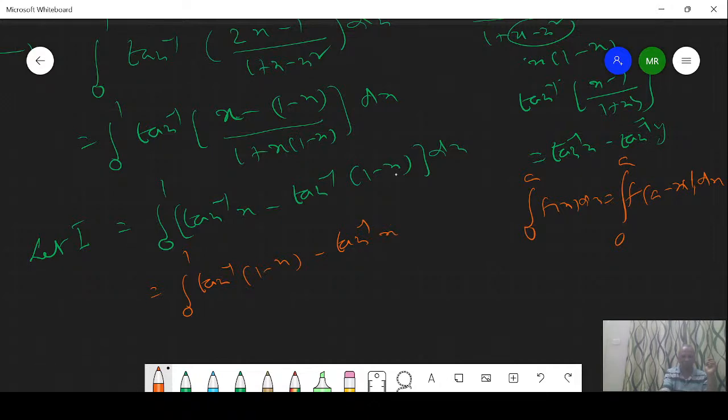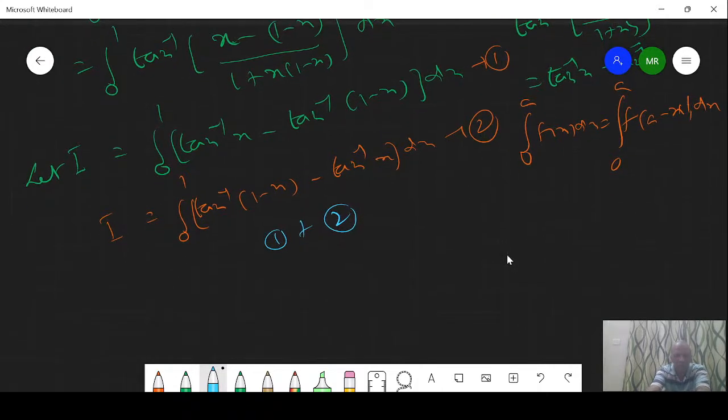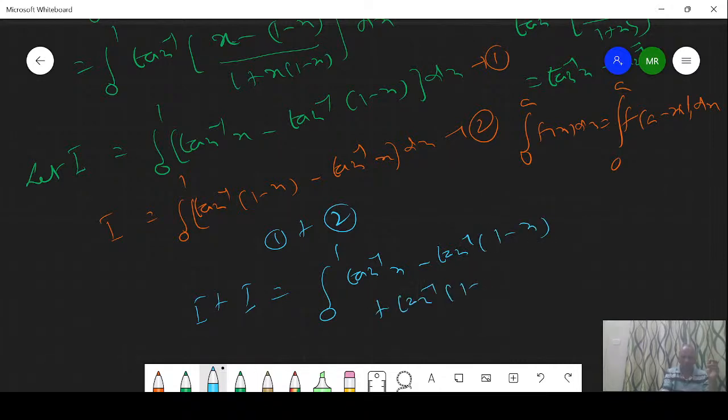So this is also I. Let this be function 1 and this function 2. Now we add 1 and 2, and we get I plus I, the integral from 0 to 1 of tan inverse x minus tan inverse of (1 minus x) plus tan inverse of (1 minus x) minus tan inverse x dx.